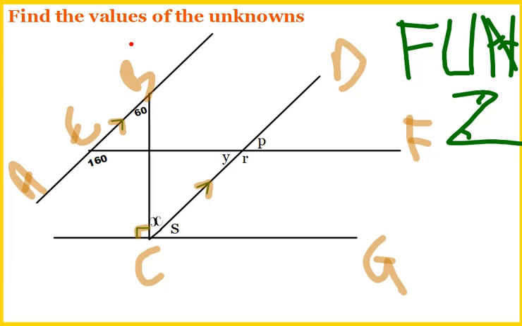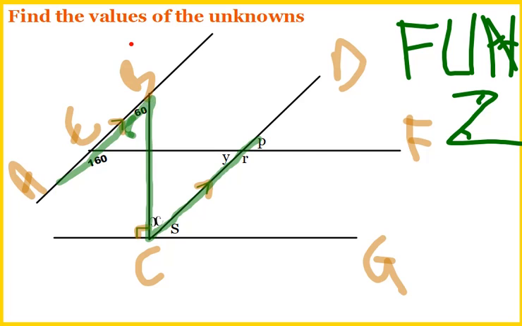Looking at this sketch, I'm going to use color so that you can see what I'm talking about. We want to solve for X because that's the one I can see is much easier to solve. We can draw our Z or N from line AB to CD, because BC is a transversal line.